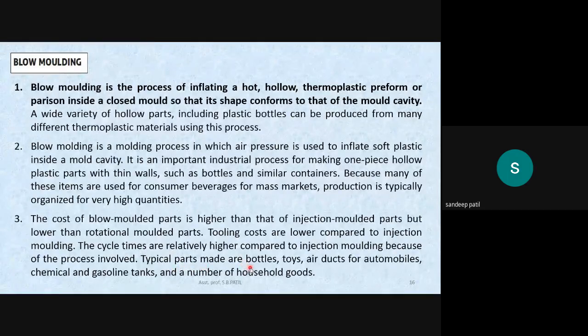Typical parts are bottles, toys, air ducts for automobiles, chemical and gasoline tanks, and a number of household goods. So these are the basic applications of blow molding.